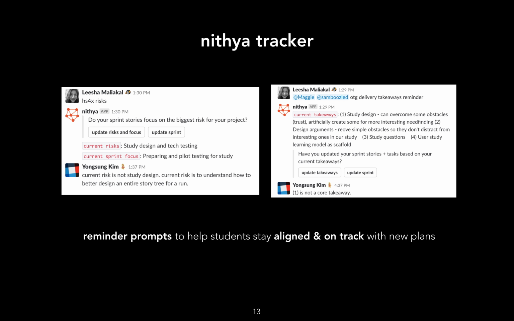Prior to the SIG meeting, the mentor was able to see this and recognize, hey, this isn't the current risk that you should be focusing on. The current risk is actually to understand how to design this story tree for one of the tests that they want to do. So it was cool to see that it surfaced information that the mentor was able to respond to prior to SIG meeting.